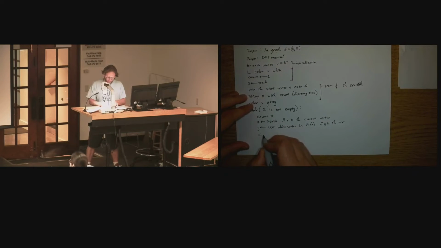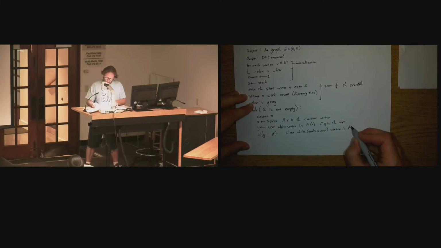So if y is phi or nil, in other words, there's no white undiscovered vertex in the neighborhood, then we've got to backtrack.